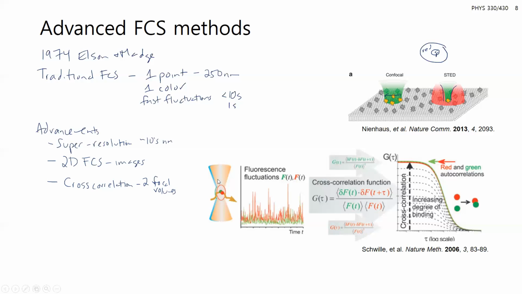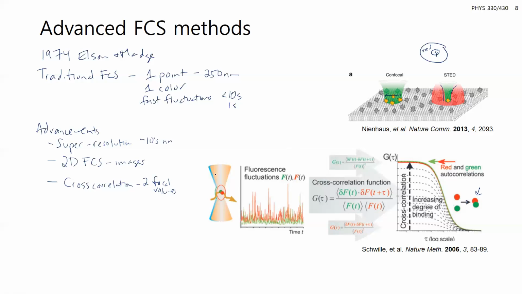They're going to be some distance apart from one another, and you can track 2 fluorophores instead of just 1 to get intensity fluctuations from your 2 channels, and you perform cross-correlation instead of autocorrelation. And this can tell you things about association between the 2 different colors. So let's say you have some binding partners. If you see that their cross-correlation, excuse me, is high, that would mean that they're both in the same location at the same time.